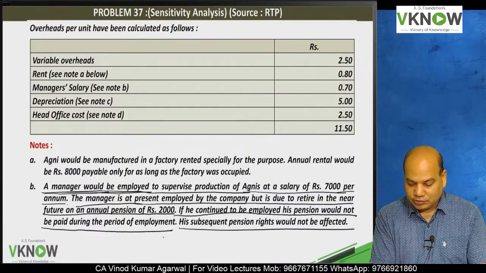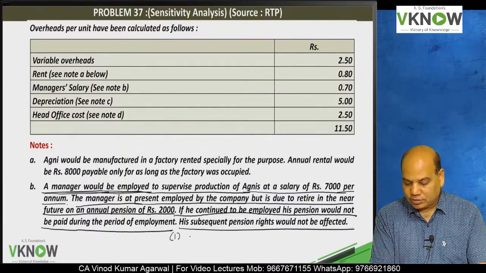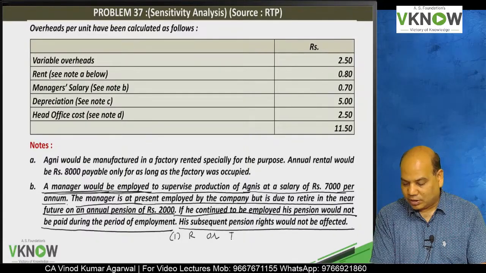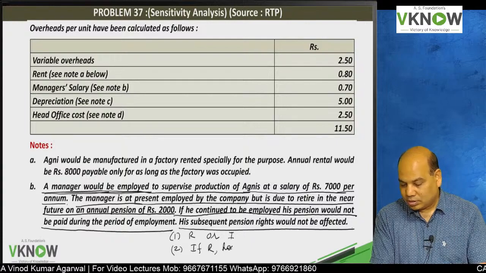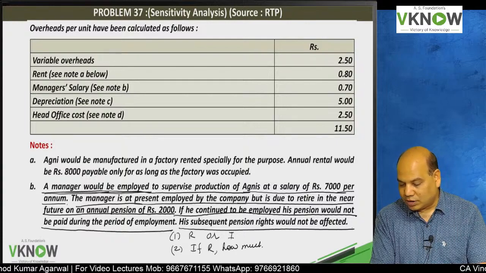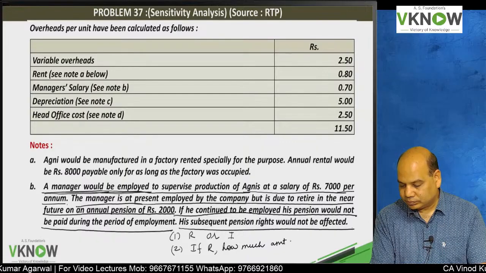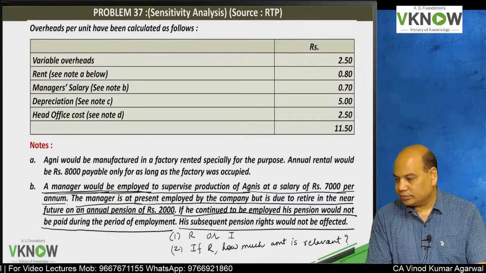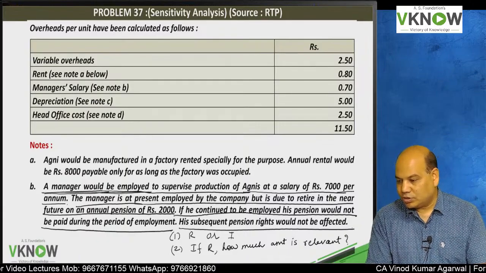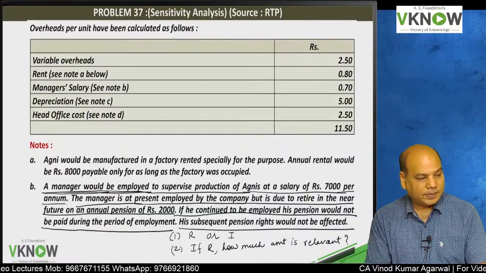My question is, first, is it relevant or irrelevant? Second question, if relevant, how much amount is relevant? First question is whether relevant or irrelevant.